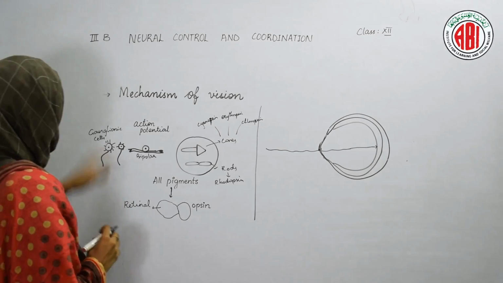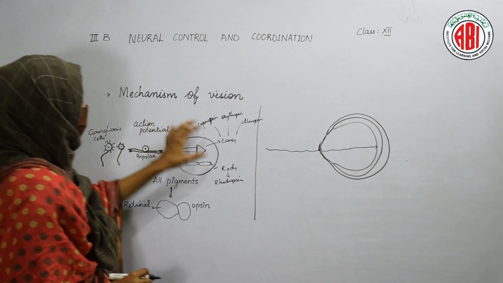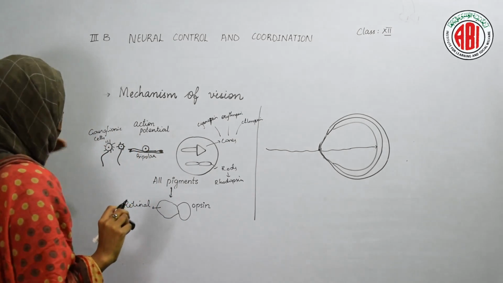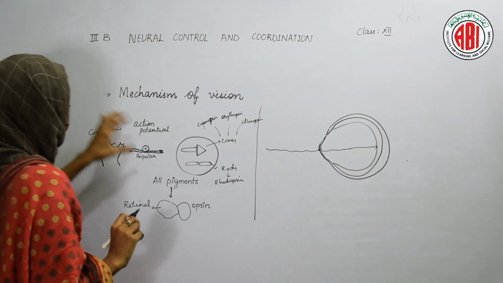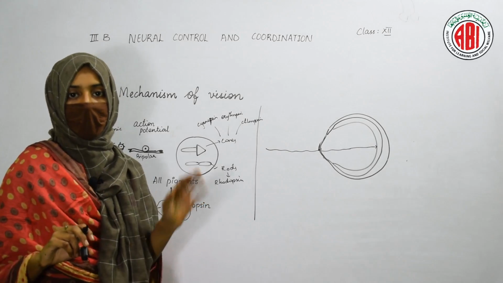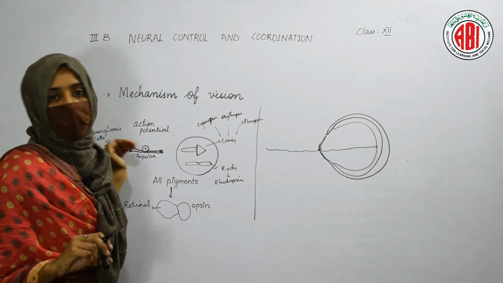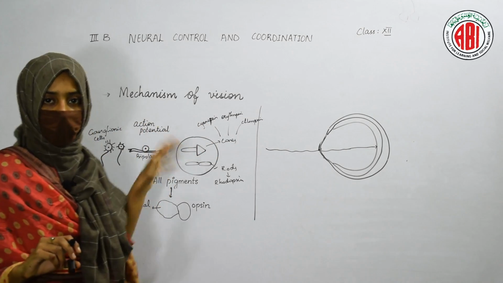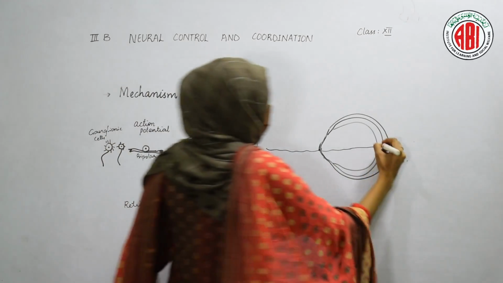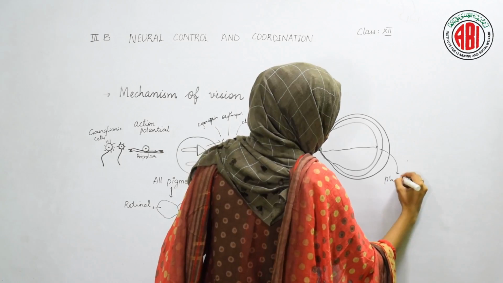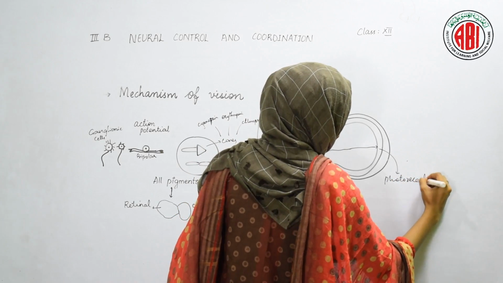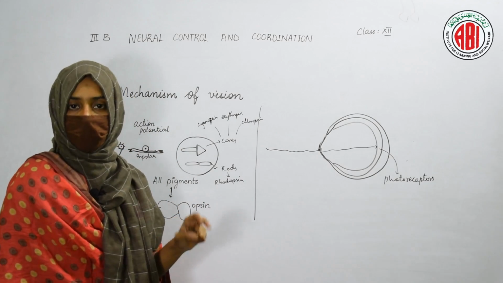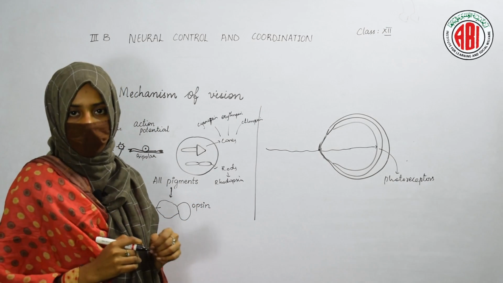In the retina, ganglionic cells, bipolar neurons and photoreceptors are present. But when the light falls, ganglionic cells and bipolar neurons do not do anything. The light is directly received by the photoreceptors, which are rods and cones. In these rods and cones, pigments are present, right?